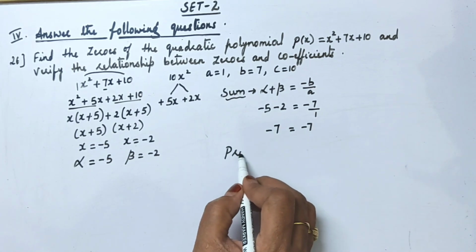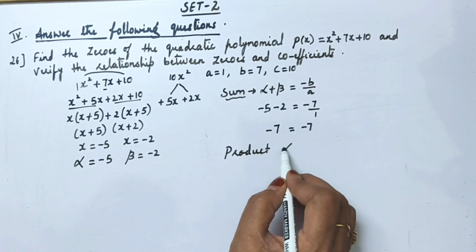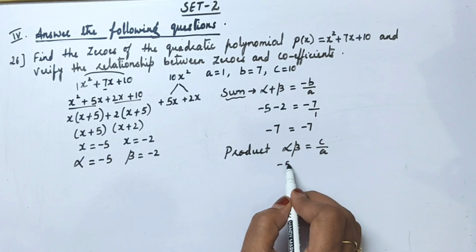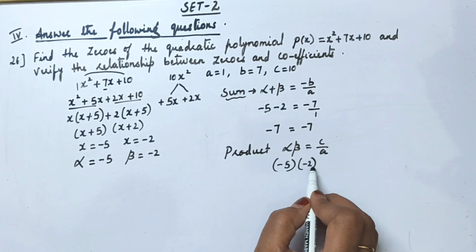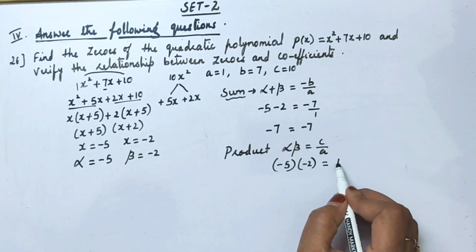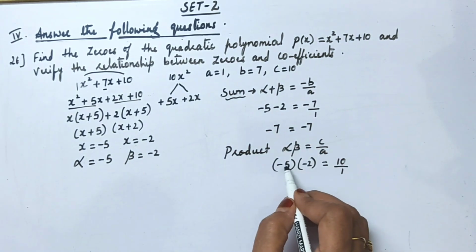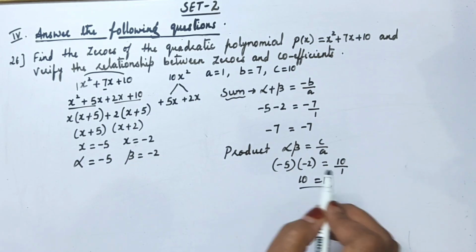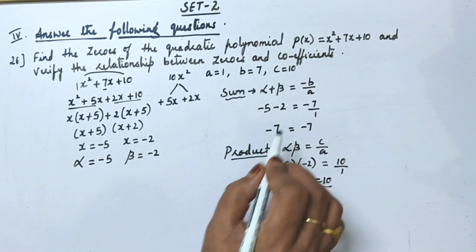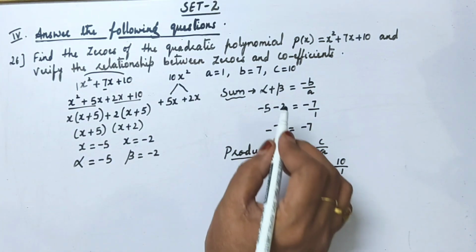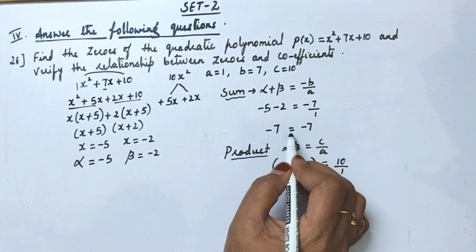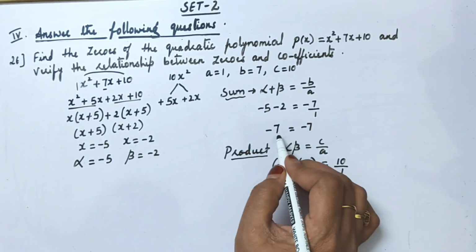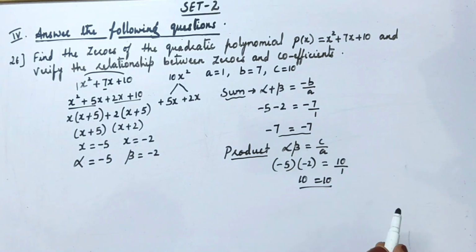Now the product is alpha beta equals c by a. Alpha is -5, beta is -2, equals c value 10 and a value 1. Minus into minus is plus, 5 twos are 10 equals 10. That means the sum and product are verified. I hope you can see both relations are the same using the zeros as well as the coefficients. Here also both are equal.